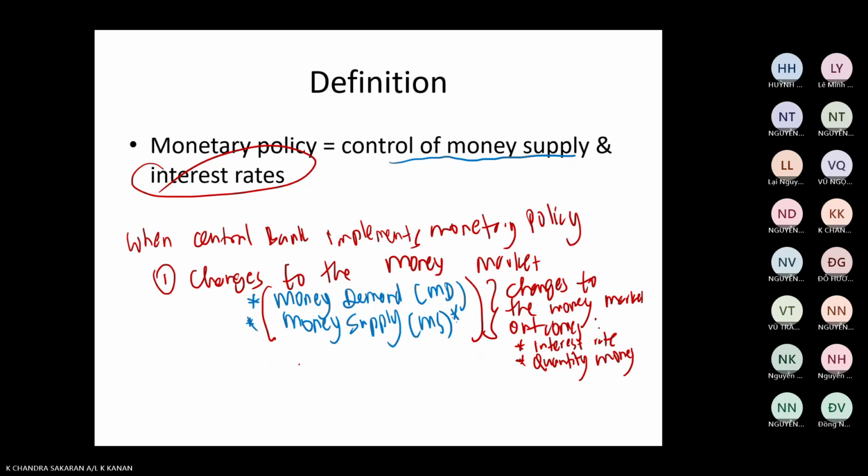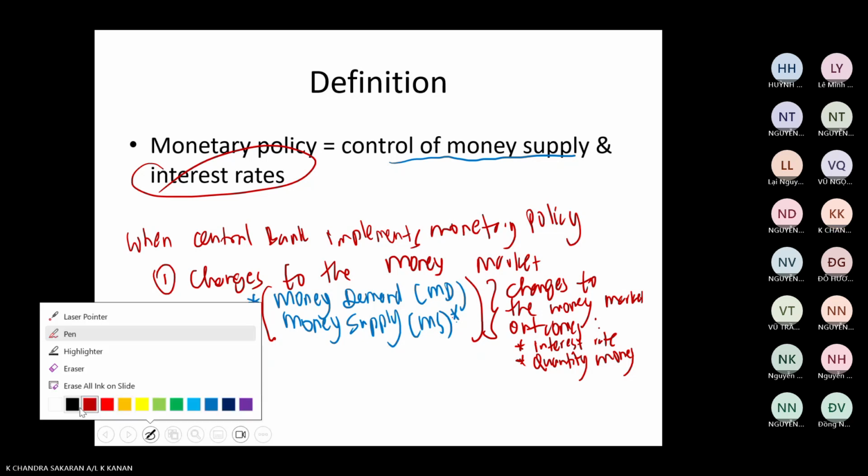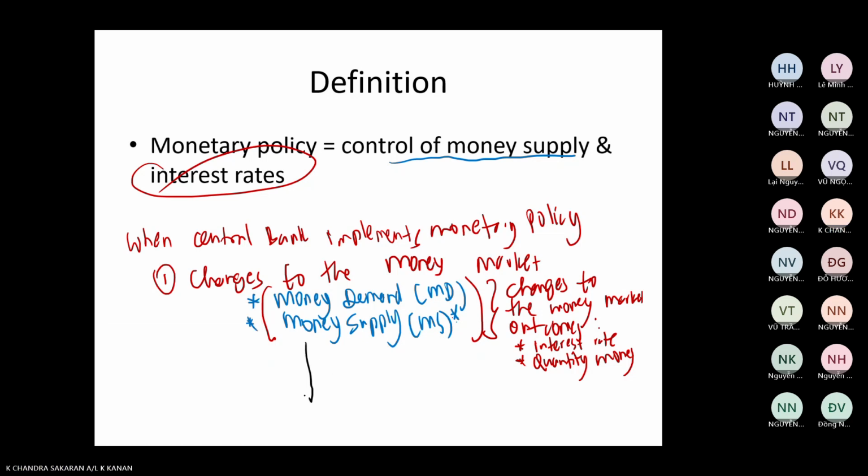So if I draw the diagram, this is the model, quantity of money. This model you must use in your project. This is the interest rate. You can see these are the two outcomes: a change in interest rate, and changes in quantity of money. This is the money supply, which is constant, fixed. This is the money demand.